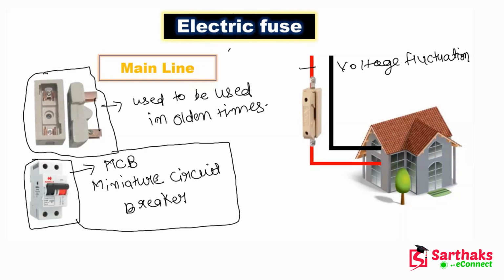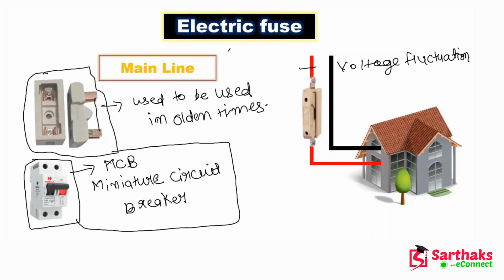When a higher current is passed through this wire, the wire burns, and if this wire burns, then the circuit will be disconnected. It means the circuit will not be completed, and if the circuit is not completed, the current cannot flow in this circuit. So this way we can save our appliances.